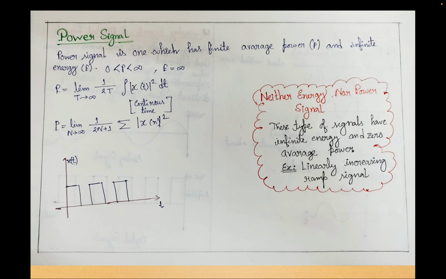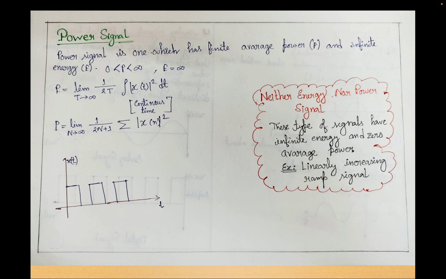So now, power signal. A power signal is one which has finite average power and infinite energy. So the equation is P equals limit T tends to infinity of 1 by 2T integration of |x(t)| square dt.